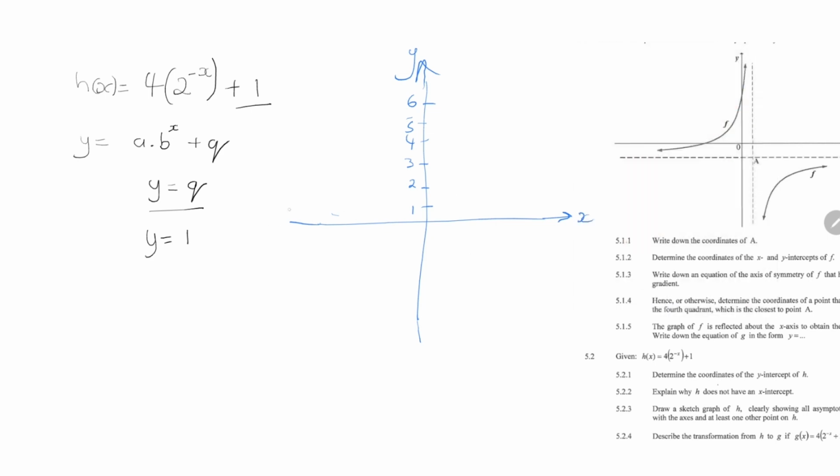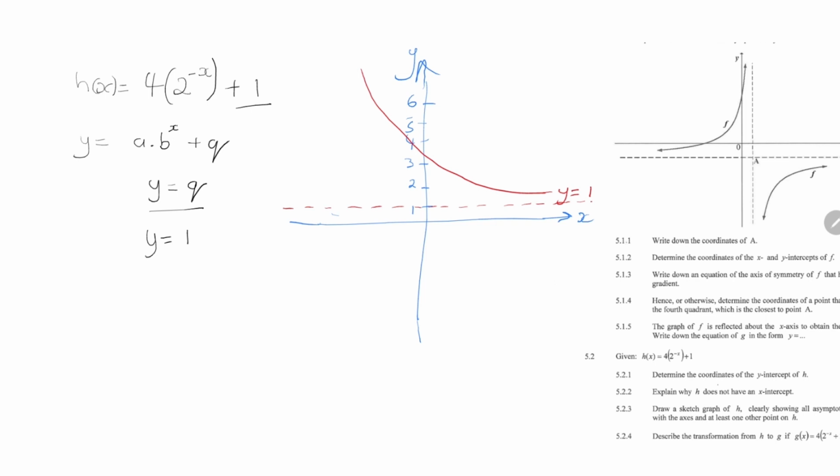We determine the asymptote of this graph, which is y equal to the positive 1. So let's say our graph is going to look like this. It's not going to go further down. It's just going to approach the 1 but not intercept it, so it won't go further down to the x-axis.